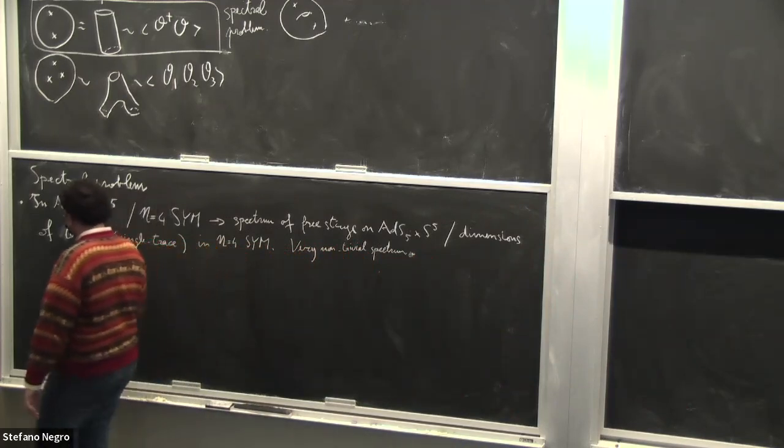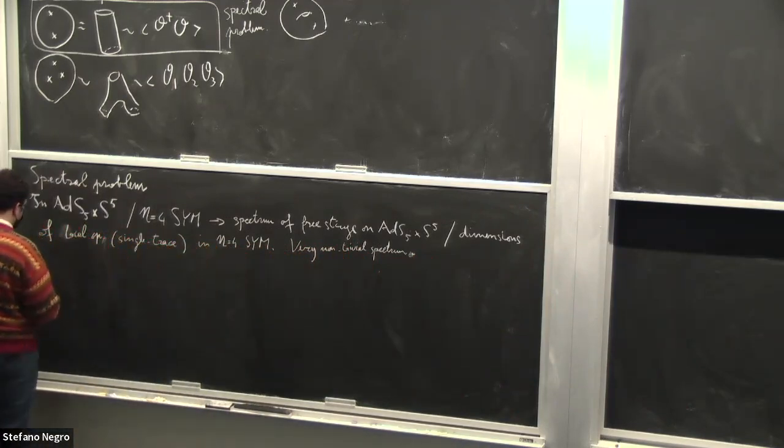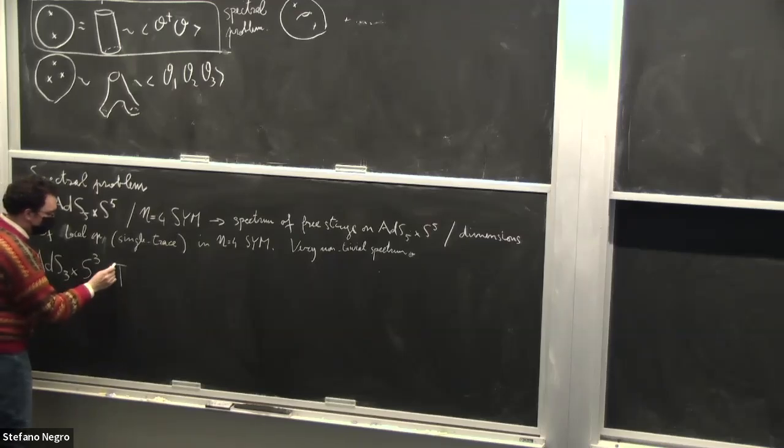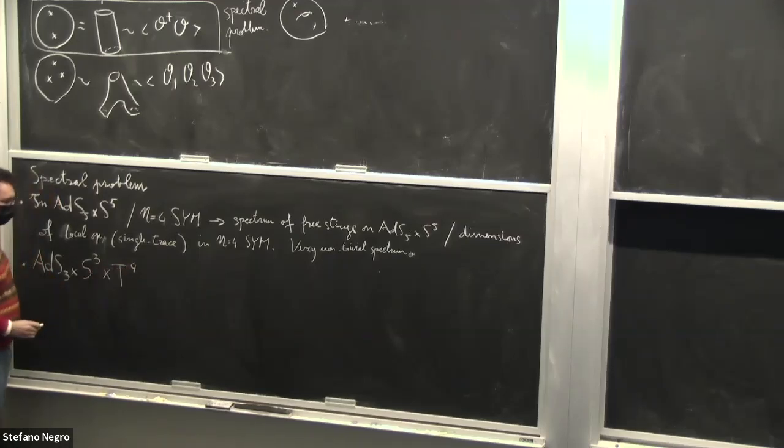Now, the aim of the talk is to consider a little bit of a different background, which is a background of the type AdS3 times S3. And then here you can complete in several ways, even if you restrict yourself to backgrounds that have as much supersymmetry as you want. But for the purpose of this talk, I will just talk about the very simple AdS3 background, which is AdS3 x S3 x T4.